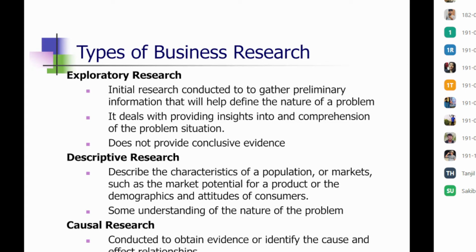Like fertilizer and crops. Here fertilizer is cause. Increased production of crop is effect. So when you need to know the causal relationship or cause and effect relationship, you need to conduct causal research.